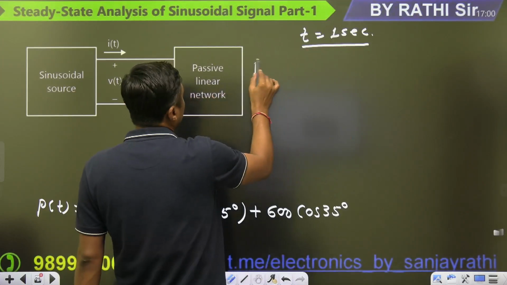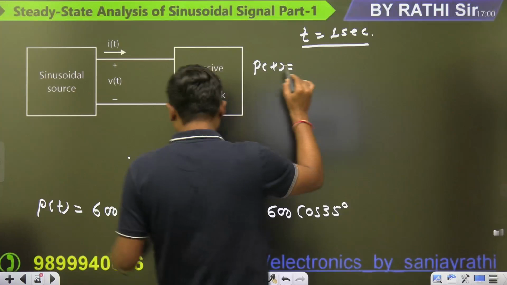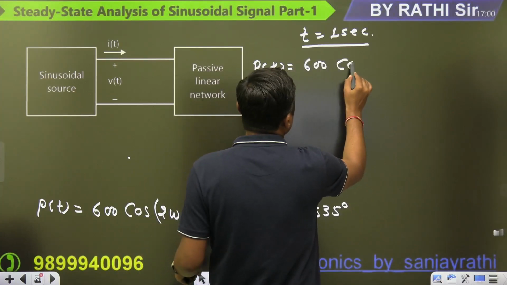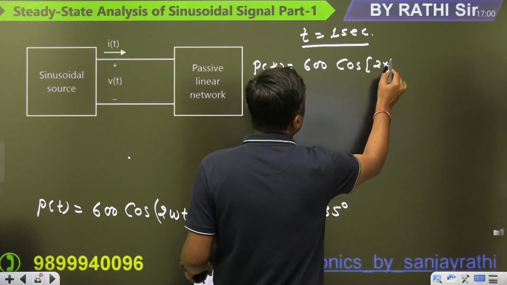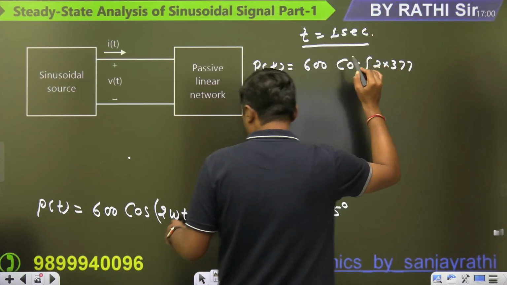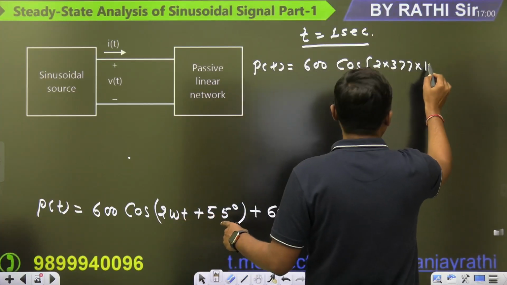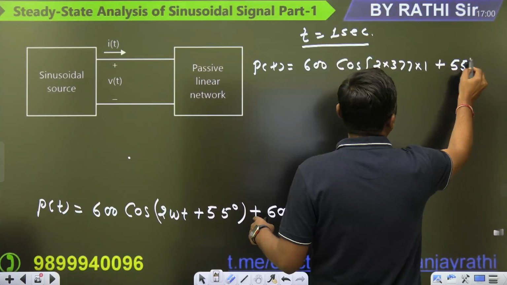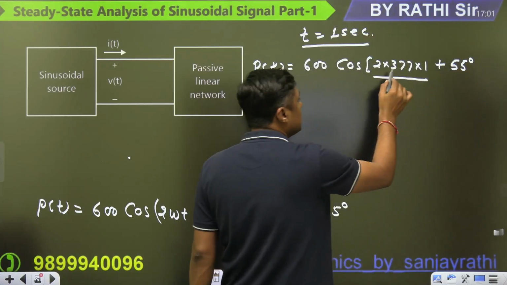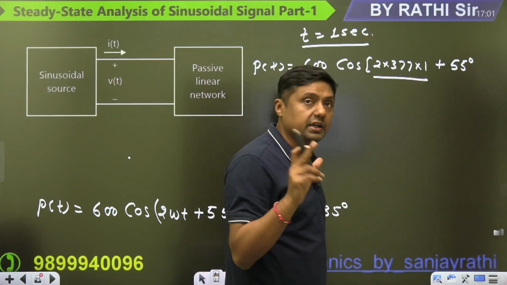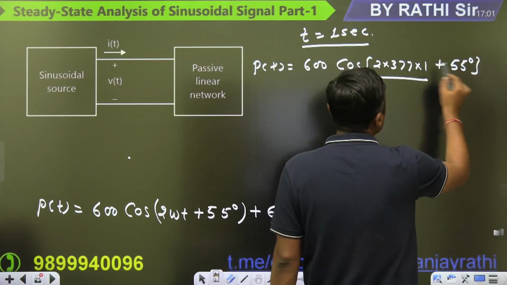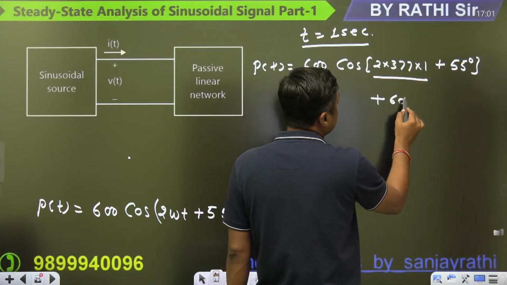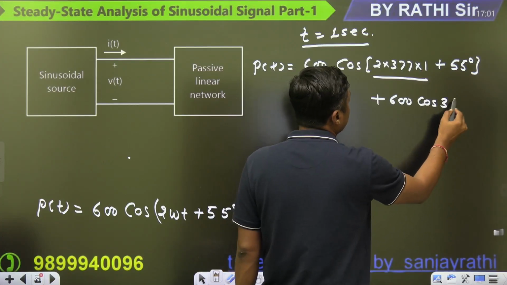What is the instantaneous power at this time? First of all, p(t) will become 600 cos of (2 into 377, the value of the omega, into 1, plus 55 degree). Remember, this is in degree and that is in radian. You have to convert the radian into degree first of all, because the unit of omega is radian per second, plus 600 cos of 35 degree.